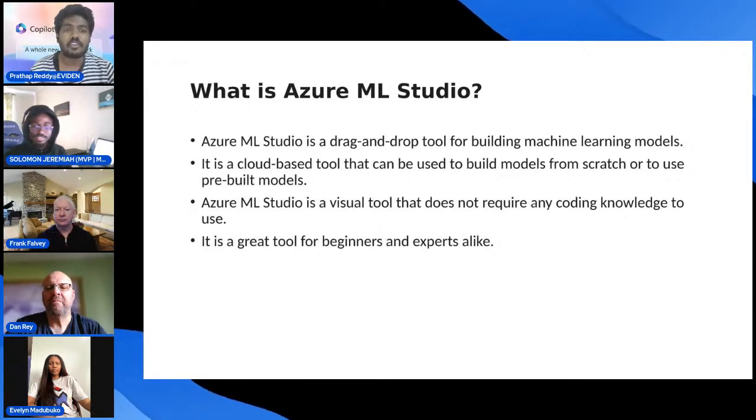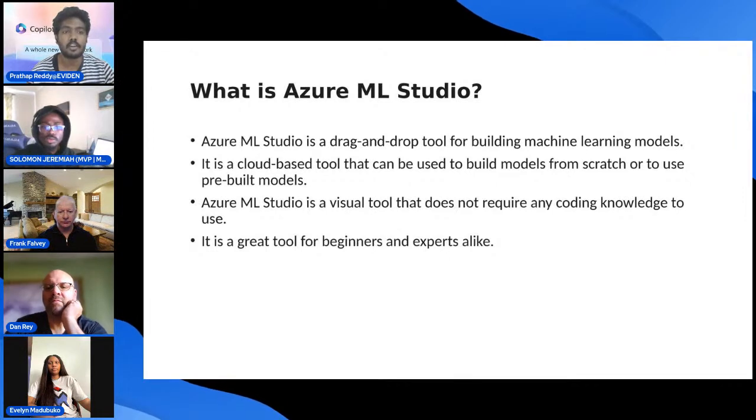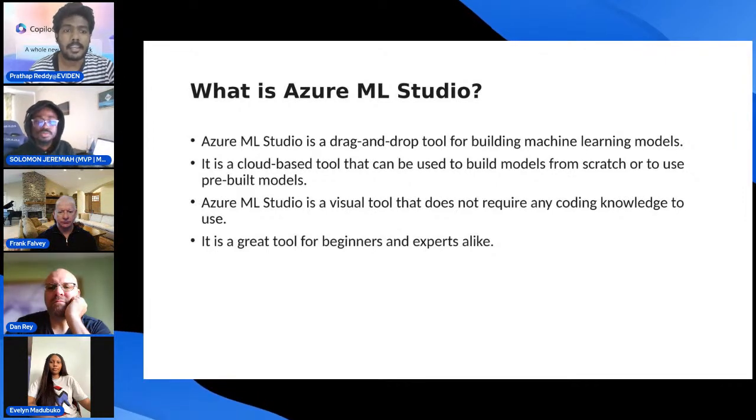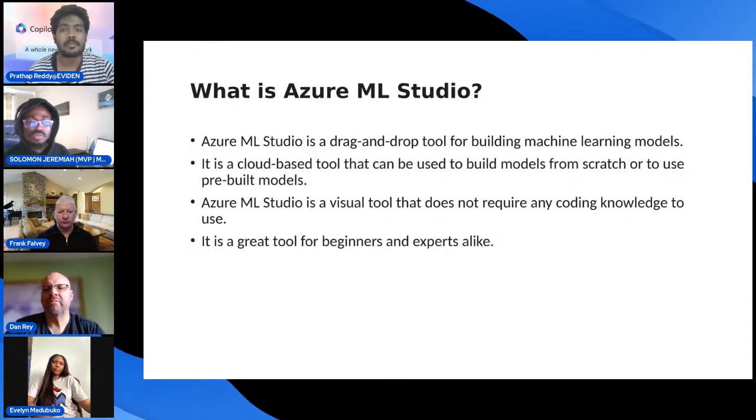It is a drag and drop tool for building machine learning models. It is a cloud-based tool used to build models from scratch or to use pre-built models. Azure ML Studio is a visual tool that does not require coding knowledge, and it is a great tool for beginners and experts.